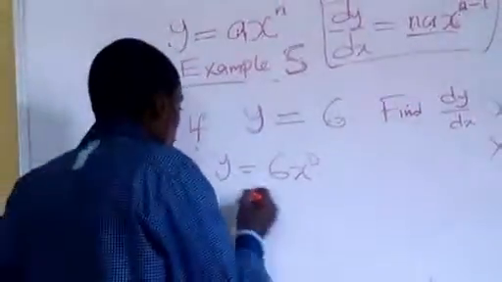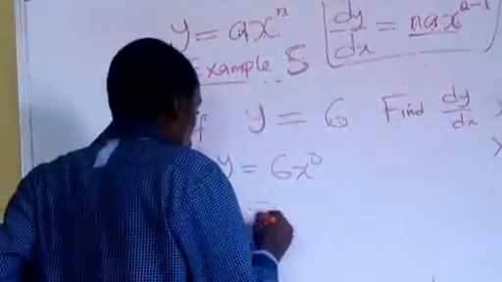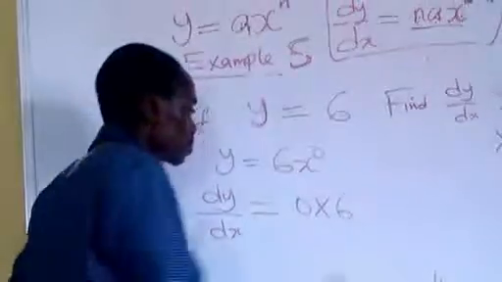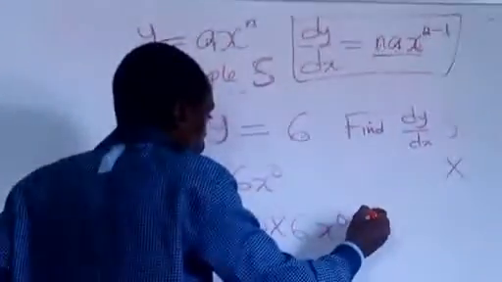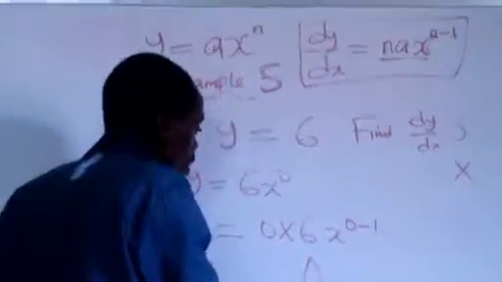Okay. So now your dy/dx is going to be equal to 0 times 6, based on this formula, then x to the power 0 minus 1. 0 times 6 is what? 0.